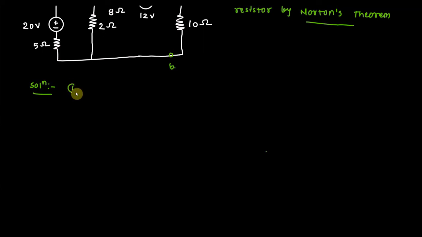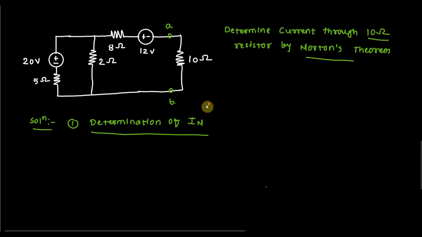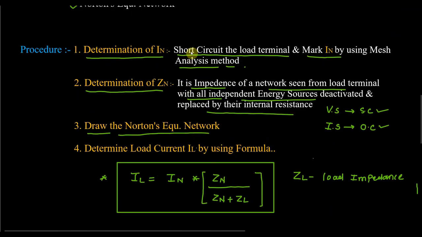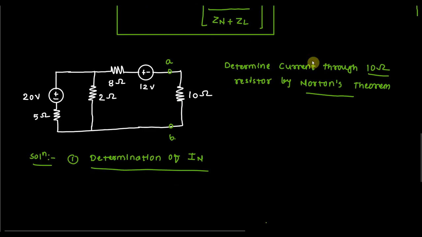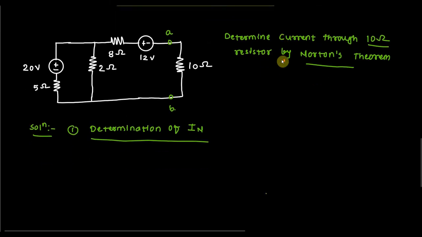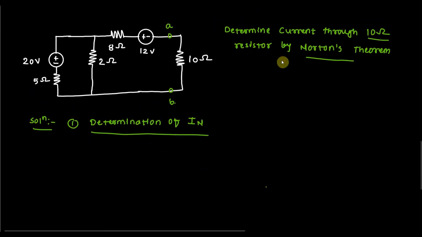So the first step here is determination of IN. This is the first step when we have to solve a numerical of Norton's theorem. Now the first step says: short circuit the load terminal and mark current IN there. First you should be able to find out which is the load terminal.